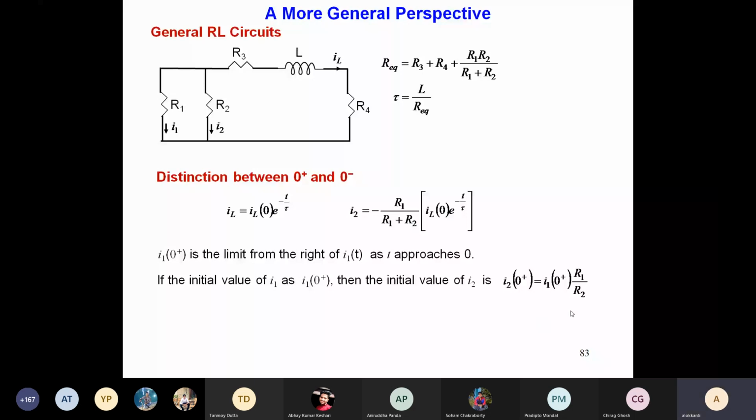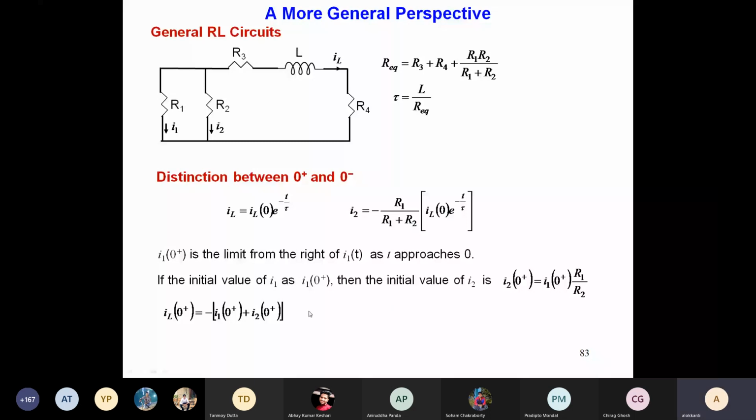Similarly, IL(0+), that means the current through L at 0+, that means at t greater than 0, is basically minus I1(0+) minus I2(0+). So these are just some obvious manipulations.